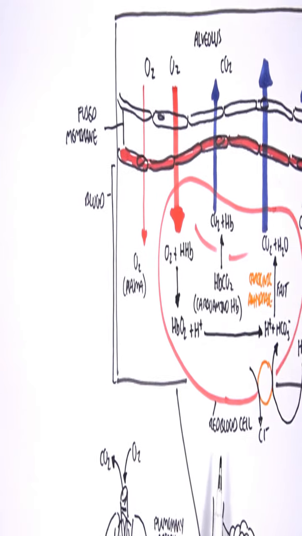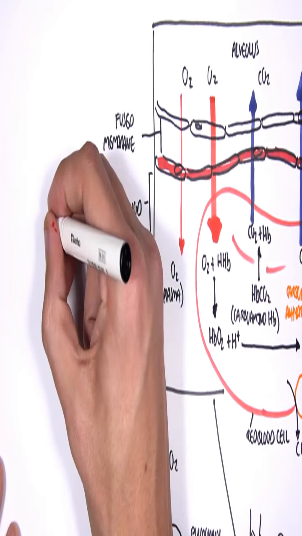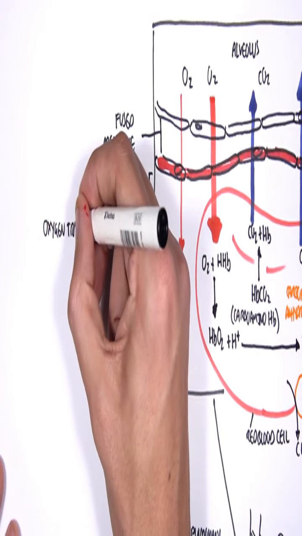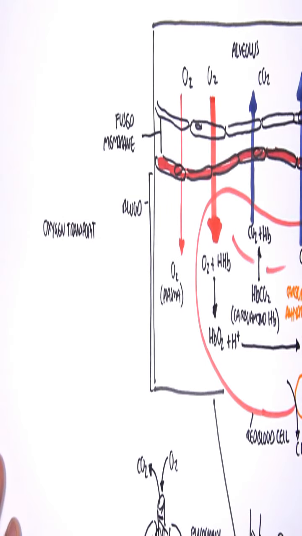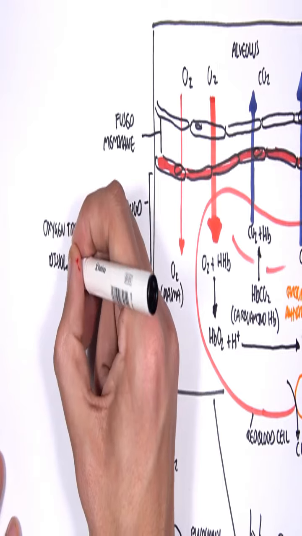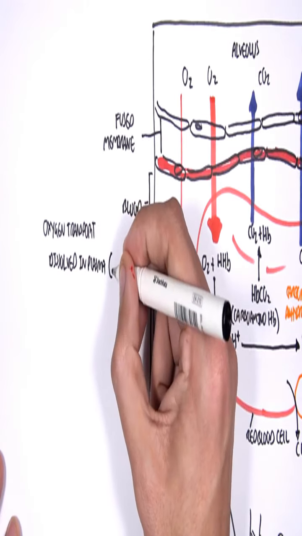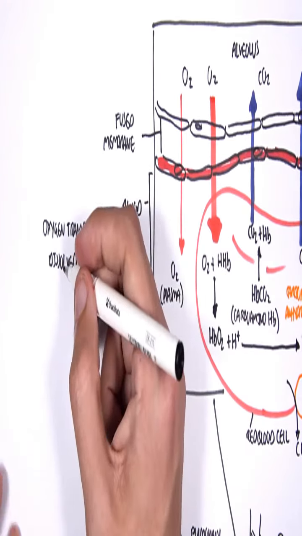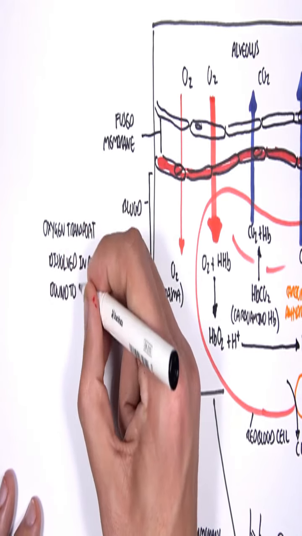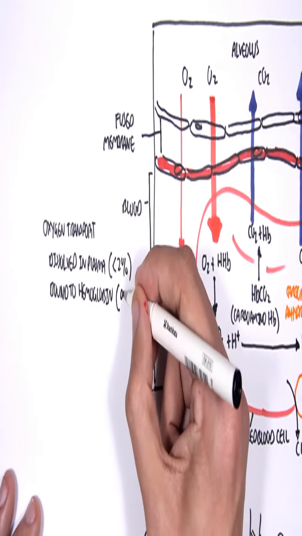So again, just to stress what I'm trying to say, oxygen transport occurs through two ways. It can be dissolved in plasma, which is less than 2% of oxygen transported this way. Most of the oxygen is bound to hemoglobin, which is 98% plus.